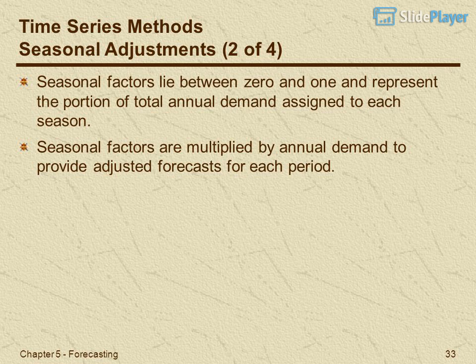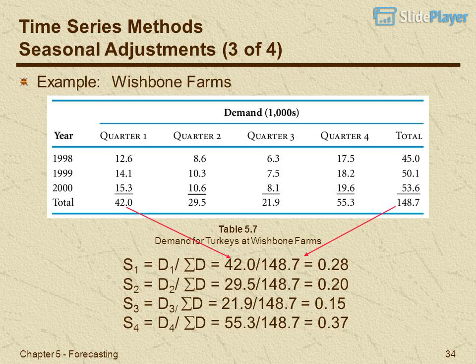Demand for turkeys at Wishbone Farms. Example, Wishbone Farms, table 5.7. S1 equals D1 over D equals 42.0 over 148.7 equals 0.28.